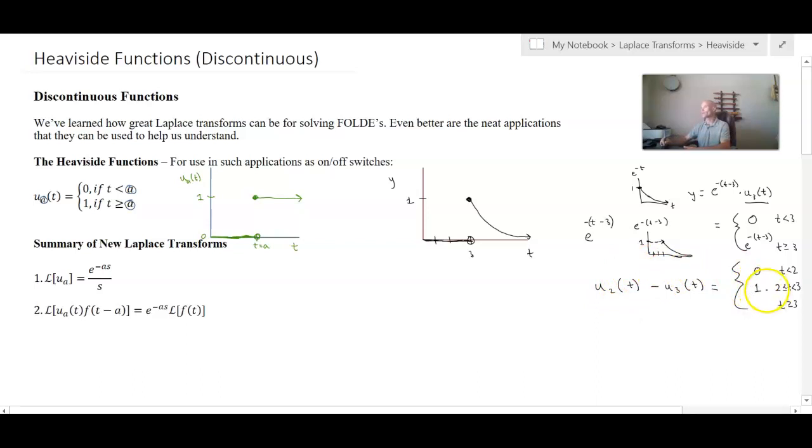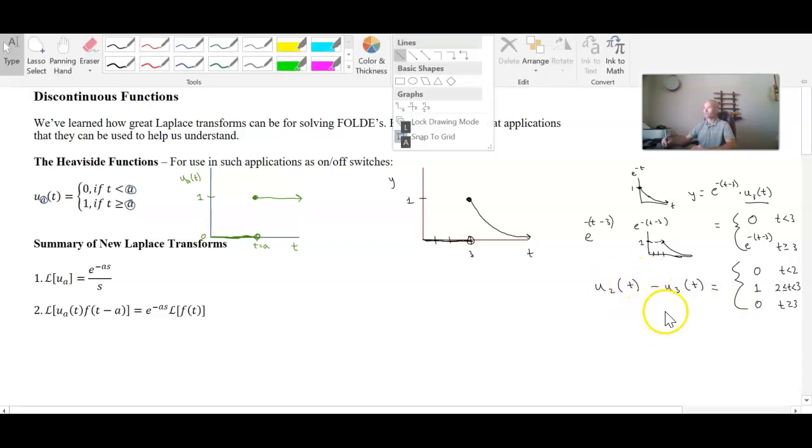So notice what we did. We were able to make a switch turn on at time 2, and then only have it on for 1 unit of time, and then switch off at time 3. We could have done u2 minus u5. We could have had a 3 time unit interval where the function remains on.